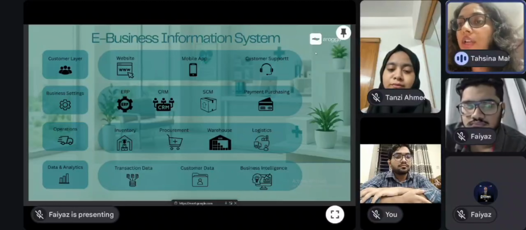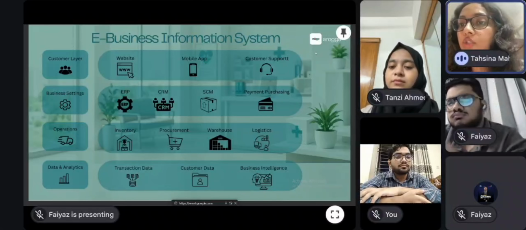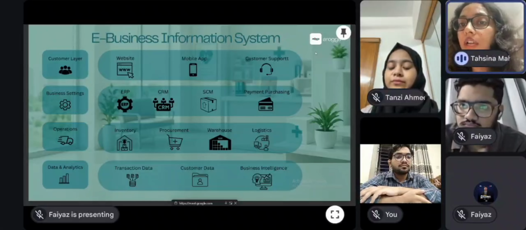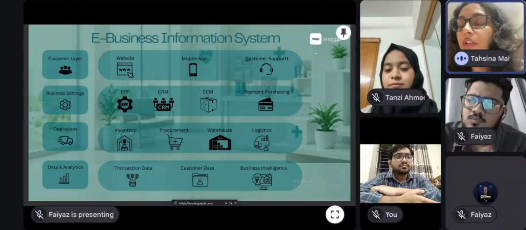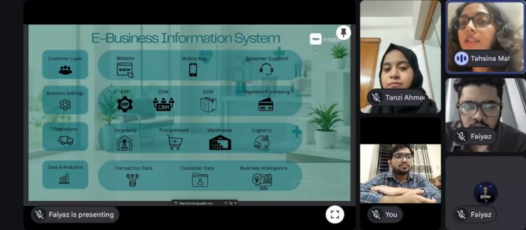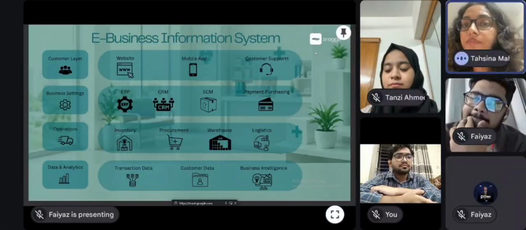The operations layer includes inventory, procurement, warehouse management, and logistics. Finally, the data and analytics layer contains transaction data, customer data, and business intelligence. All these systems need to work together so Arogga can improve decision making, reduce errors, and provide better services. Therefore, the information system connects the digital customer experience with internal operations.